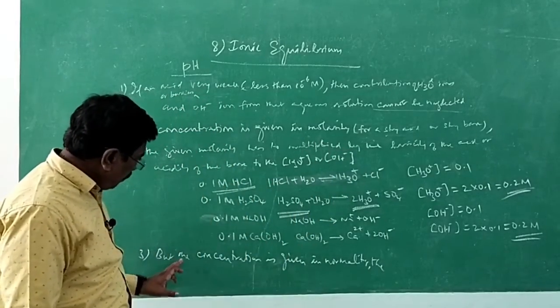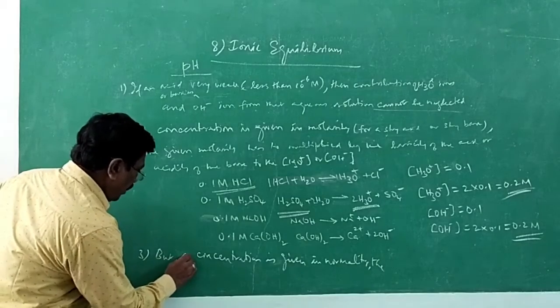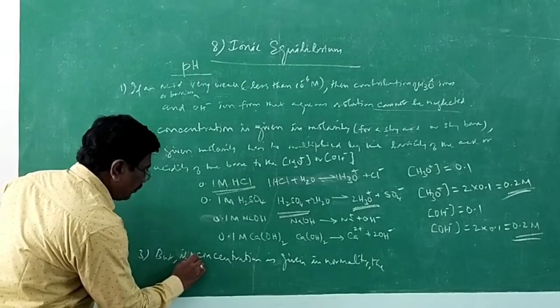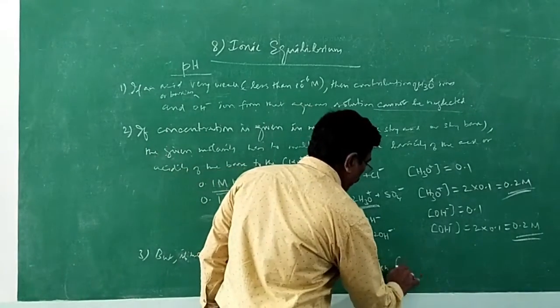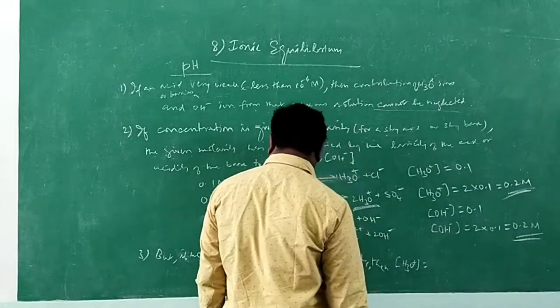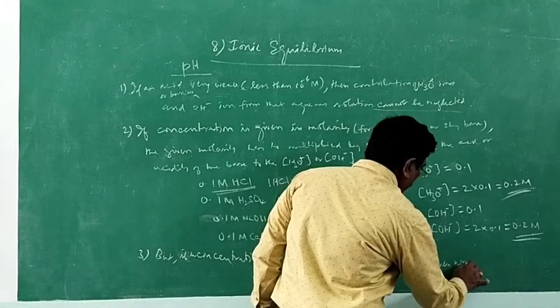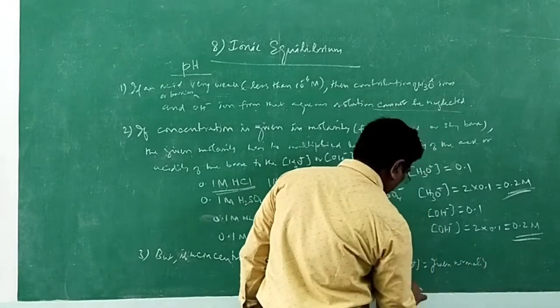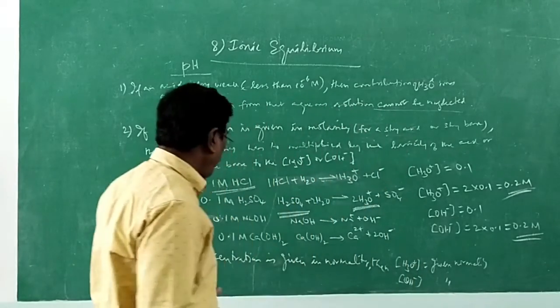But if the concentration is given in normality, then hydronium ion concentration is equal to the given normality, and hydroxide ion concentration is equal to the given normality. Why?